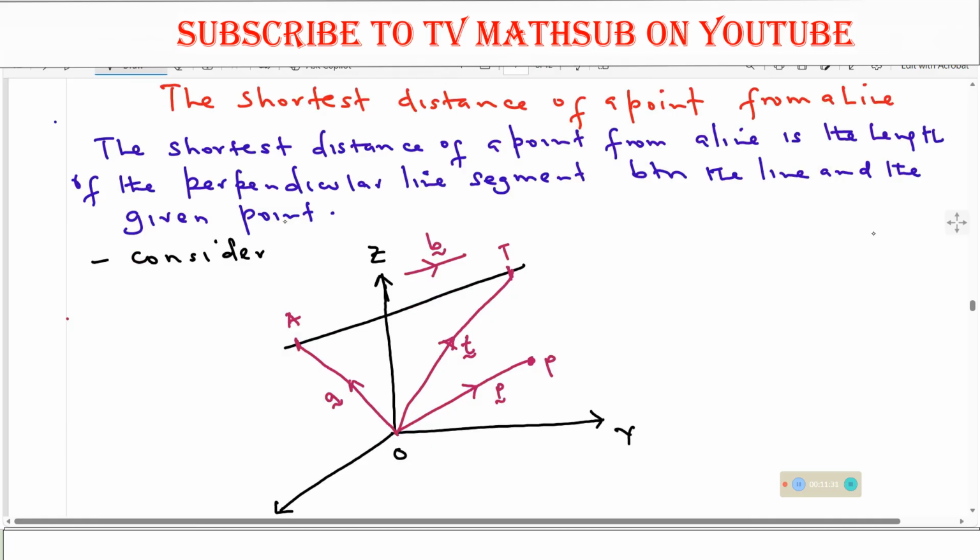Now this one here is our line, and these are 2 points on the line.